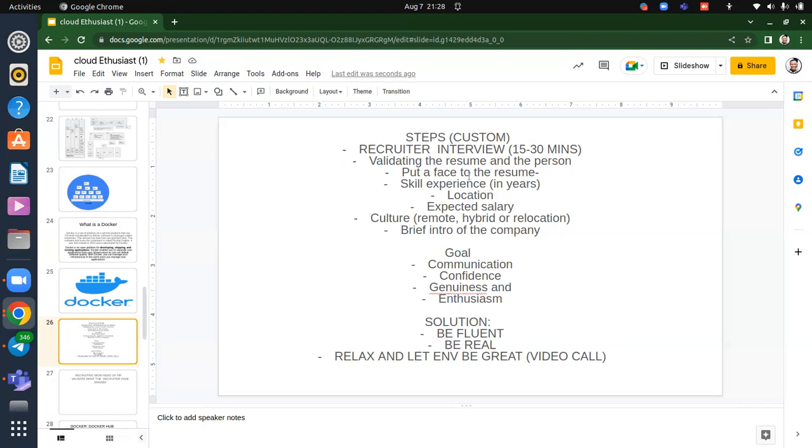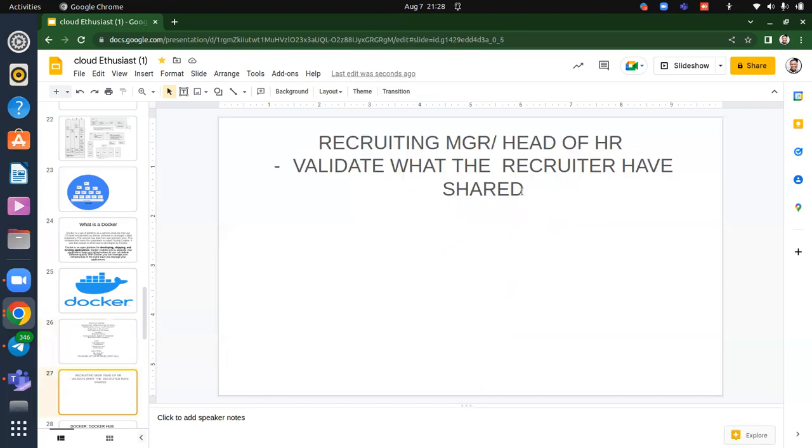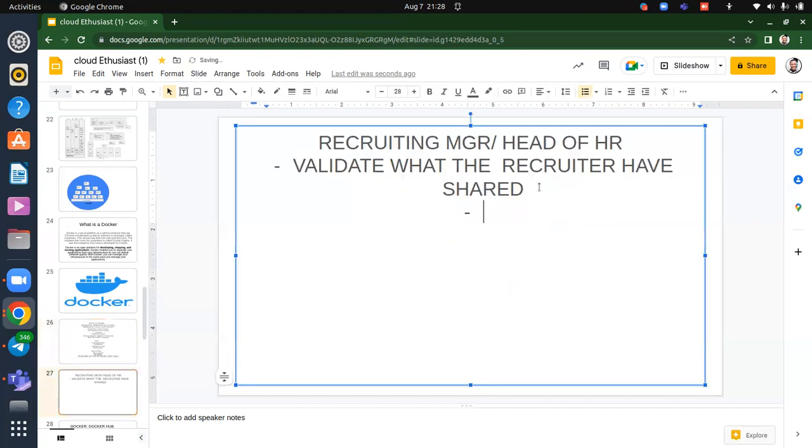They will also tell you about the company, and they will share the culture and ask if you are comfortable with it. They will give you a brief history of the company. They also want to know how much research you have done. They want to know how much you are interested.